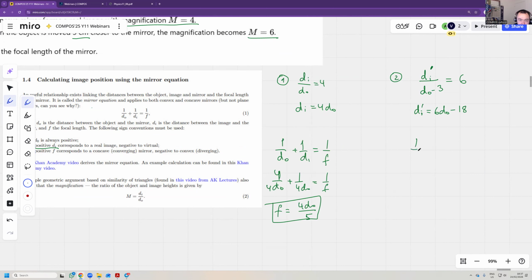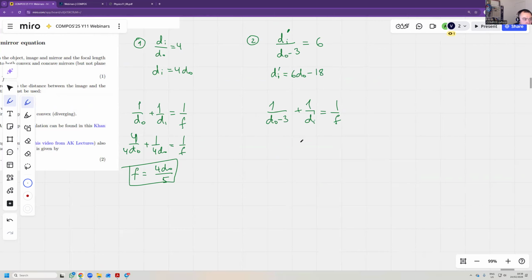And here 1 over DO minus 3 plus 1 over DI dash. This is a new position equals 1 over f.